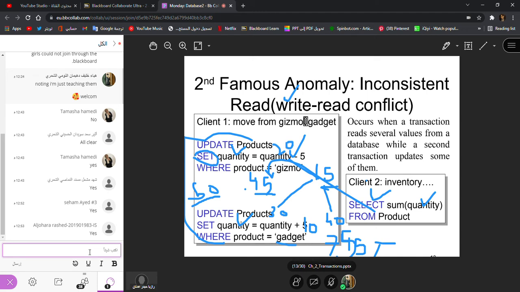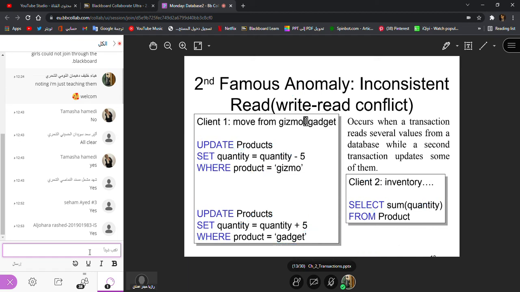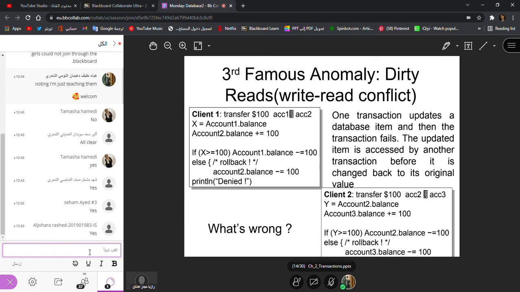If you find SET in the code, this means you are writing on the database, and if you find SELECT, then this means you are reading from the database. So this is the inconsistent read.